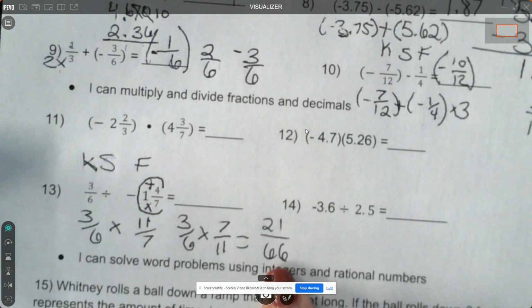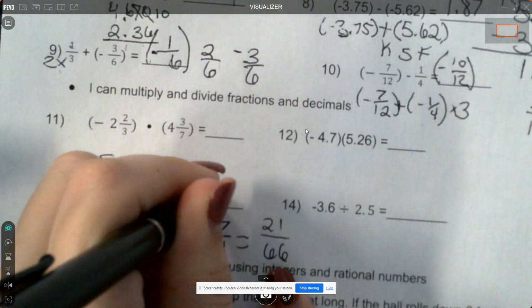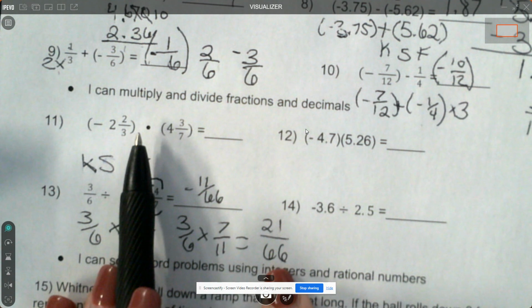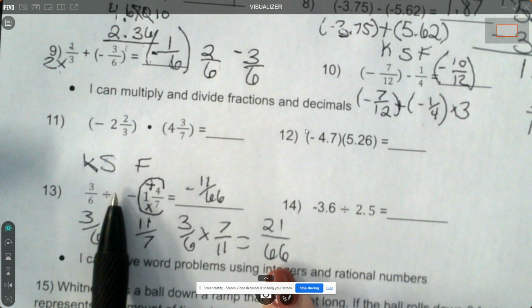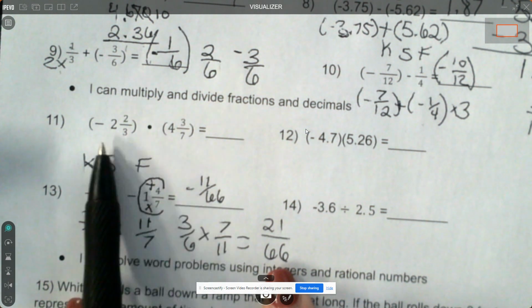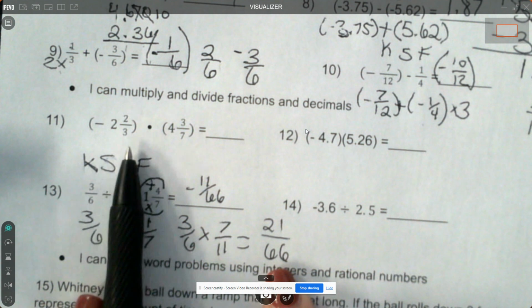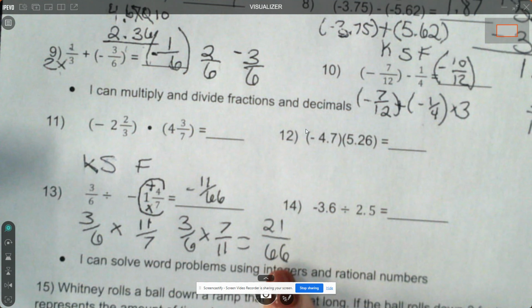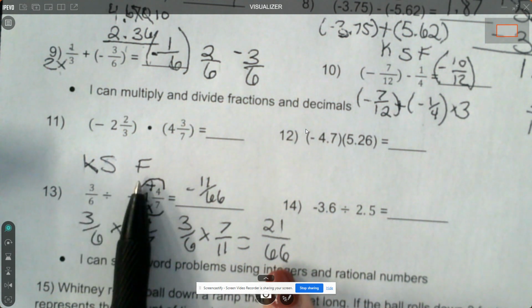It's going to be negative because there are different signs. Multiplying fractions, you do the exact same thing. You don't have to do keep, switch, flip though, because it's already there. You'll need to do the C method for each and then just go straight across. That's why I did dividing, because you have that extra step of keep, switch, flip.